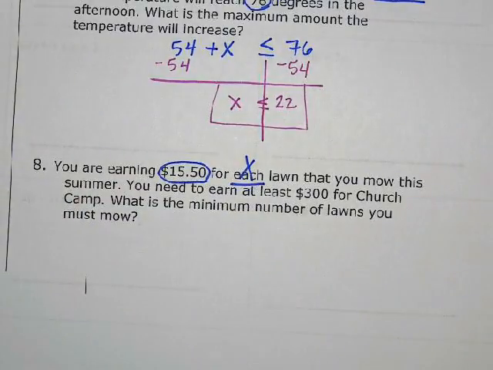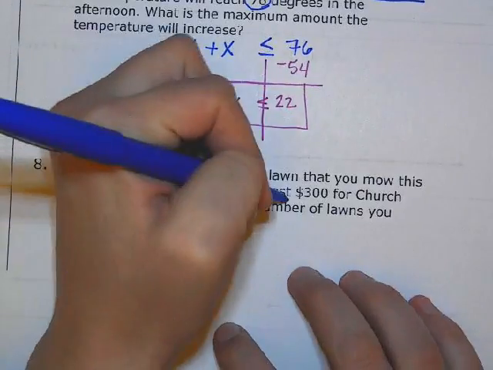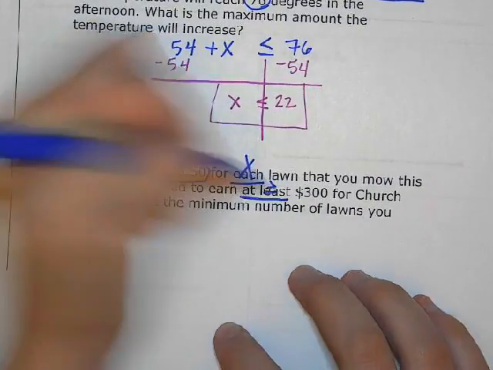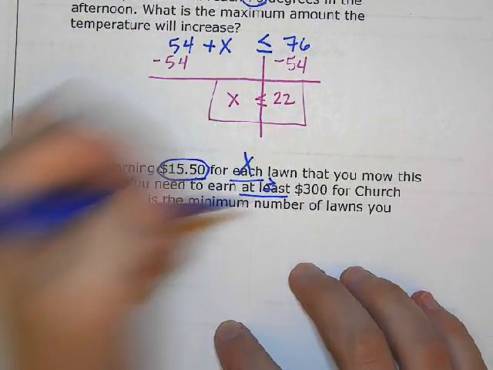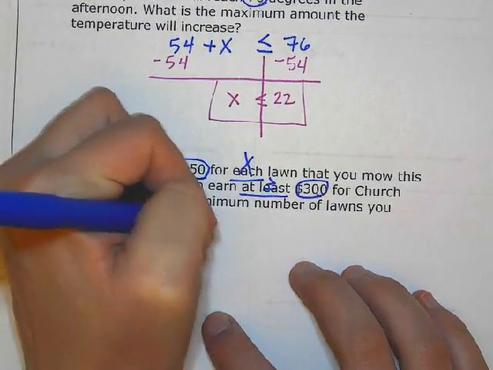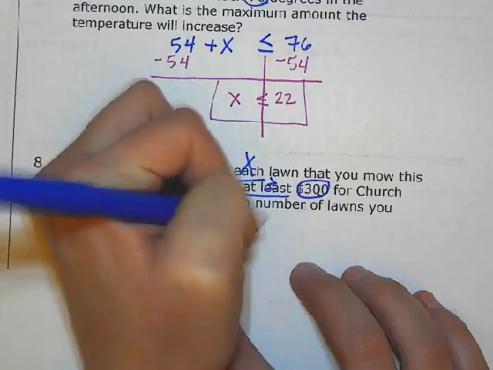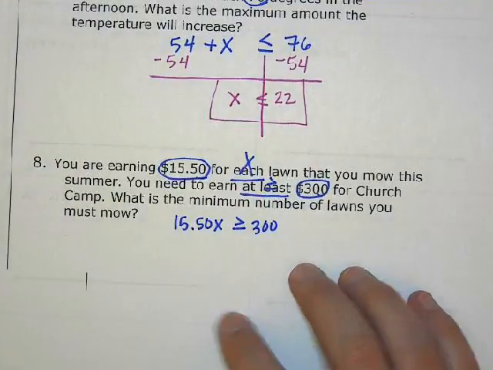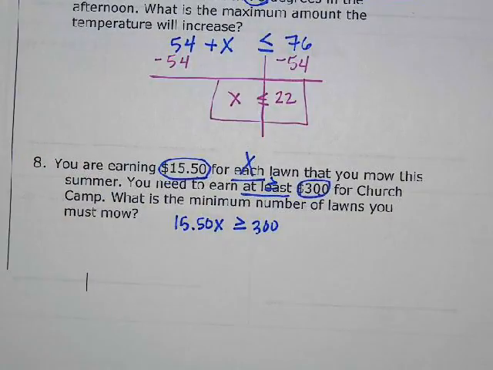Okay. You need to earn at least $300. At least should be this symbol right there. So your equation should be 15.50x greater than or equal to 300. You want more than $300, right? Anytime you can make more money, you always want to make more money.